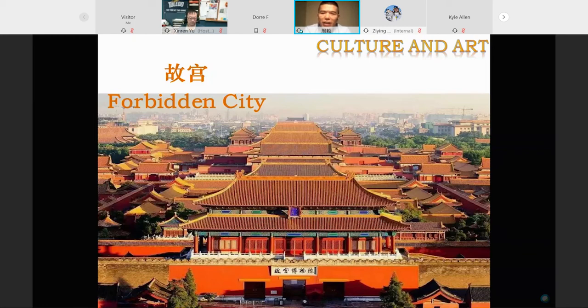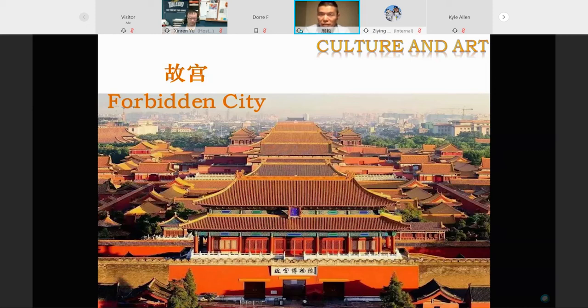In Qing Dynasty and the Ming Dynasty, this is the home for emperors, for royal family. The emperors and their families lived in Forbidden City.